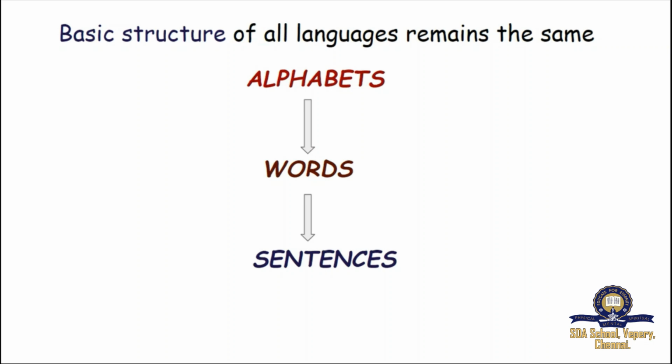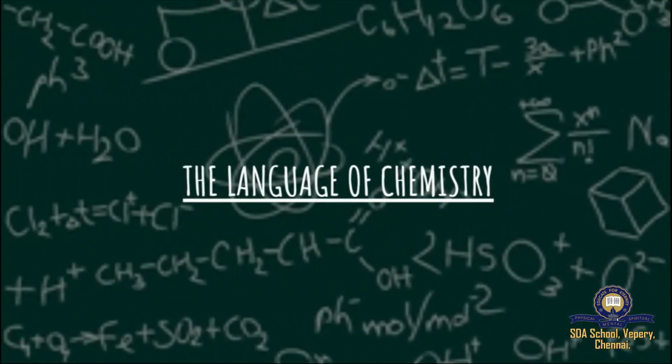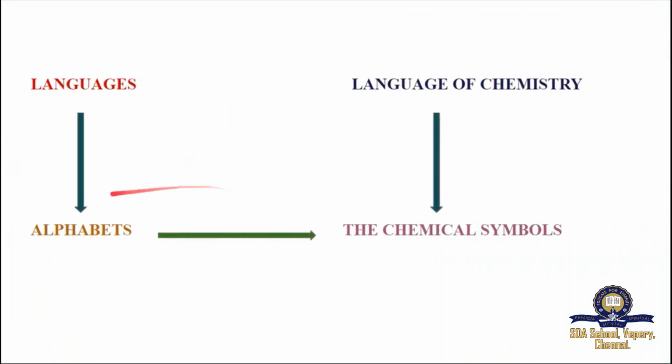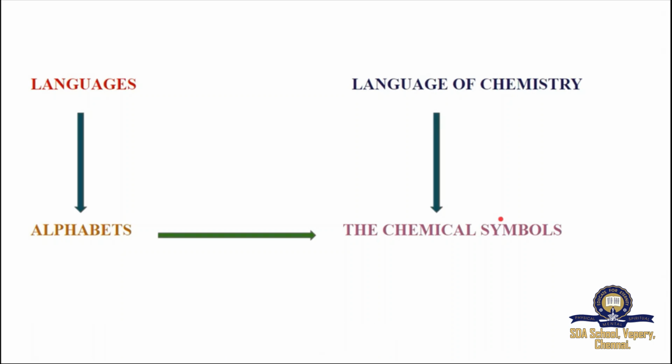This language is known as the language of chemistry. Like all languages, it starts from the alphabets. The language of chemistry starts with the chemical symbols. We will see what these chemical symbols are.